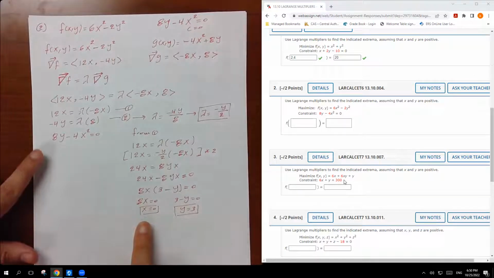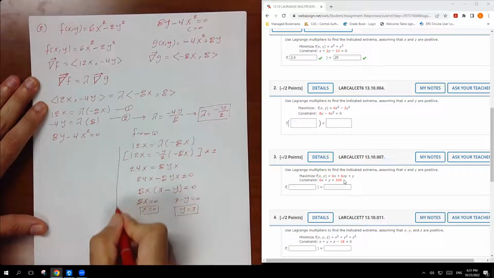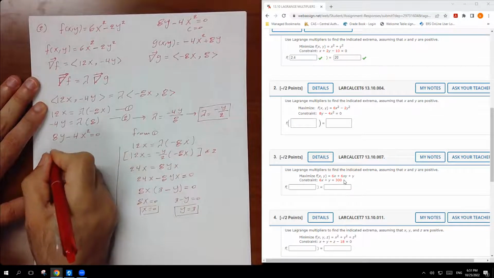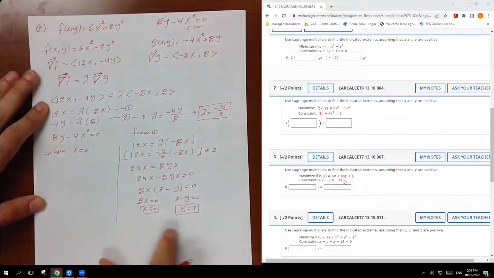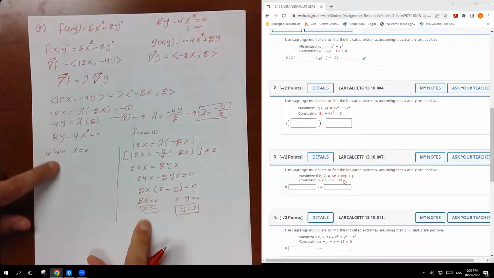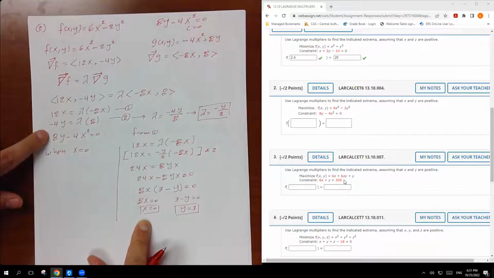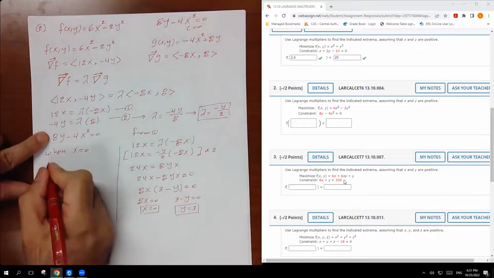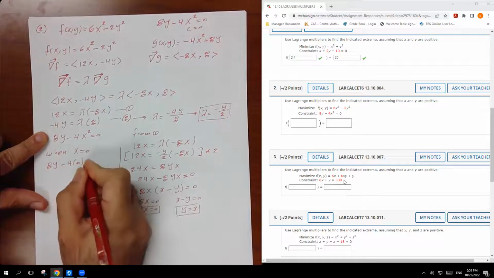So if you use x equals 0, that means when you plug in x equals 0 here to find the y, it's going to be 8y minus 4 times 0 equals 0.